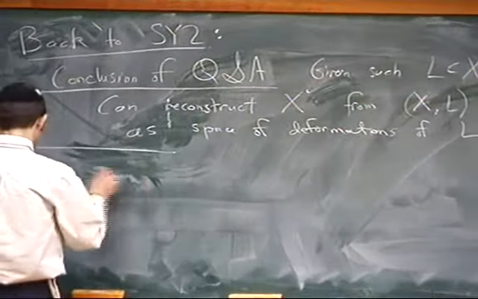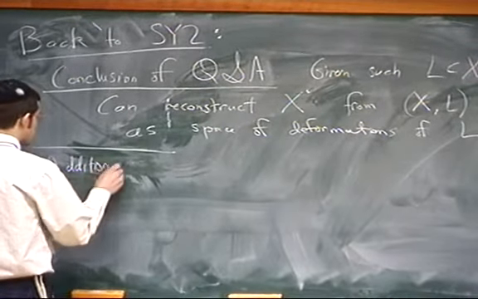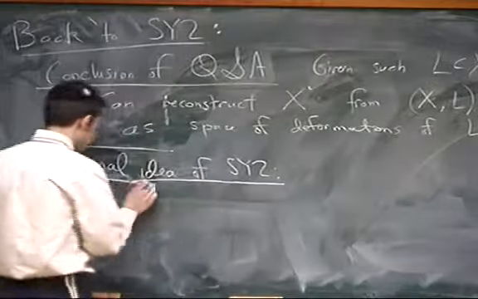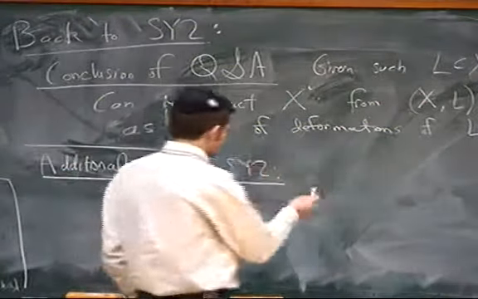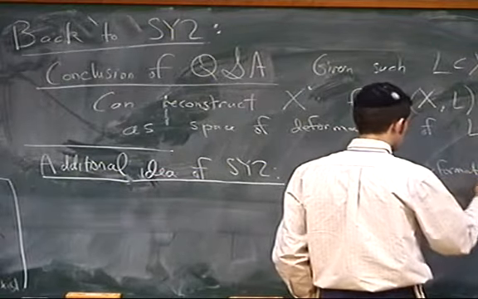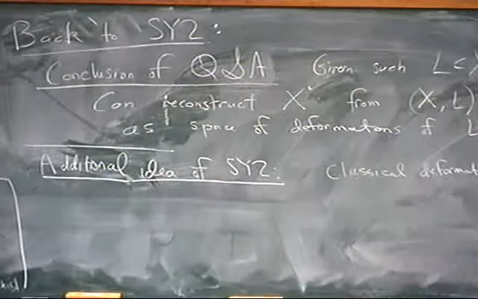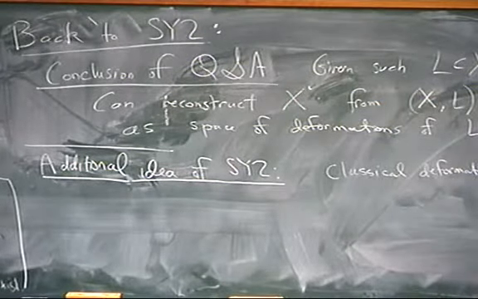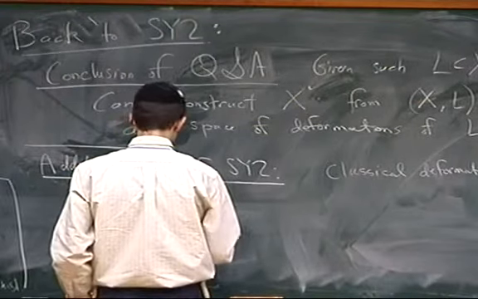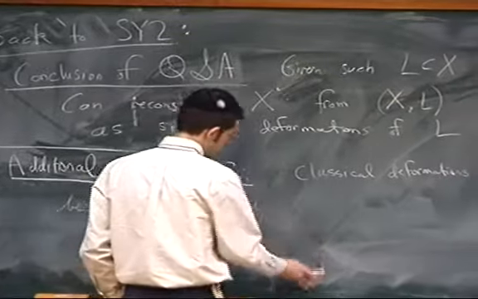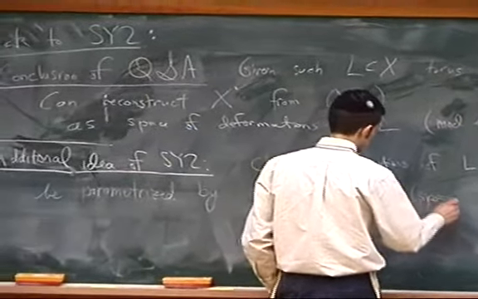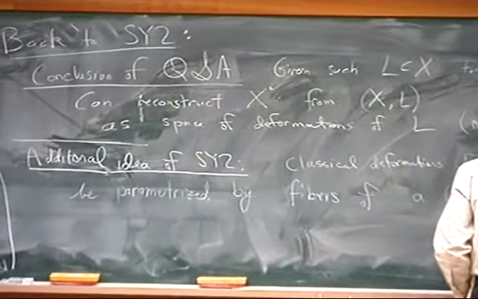So they had this additional idea, which was suggested by this deformation argument, which was that just the classical deformations of L, mod Hamiltonian isotopy, can be parametrized by, say, fibers of a perhaps special Lagrangian fibration.